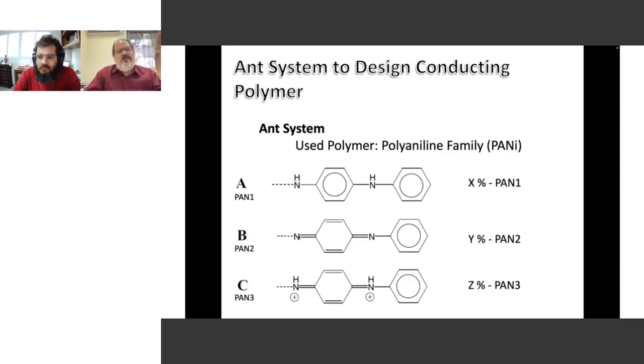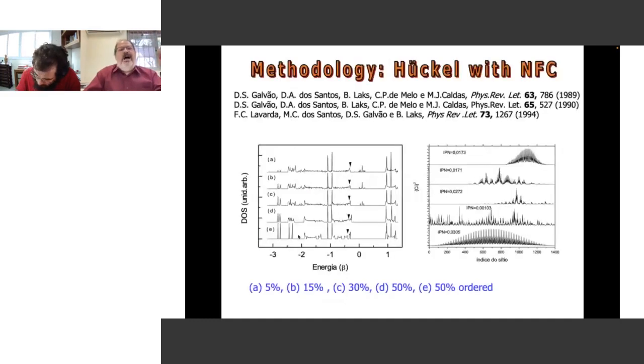Real chemistry does not work in this way, right? The chemist tries to find a good solution and improve on it. I know that this problem has to satisfy two conditions. If I want a conductive polymer, the Fermi level should be inside a conduction band, and the wave function at this Fermi level should be the most delocalized possible.